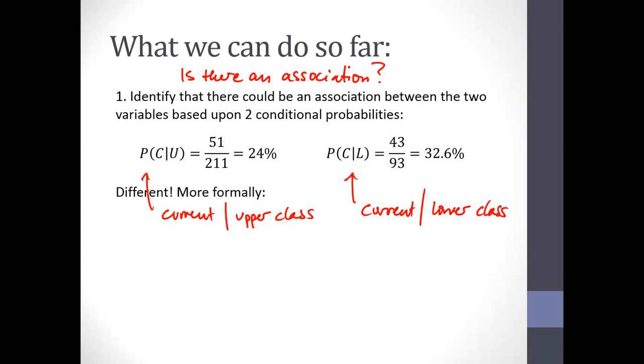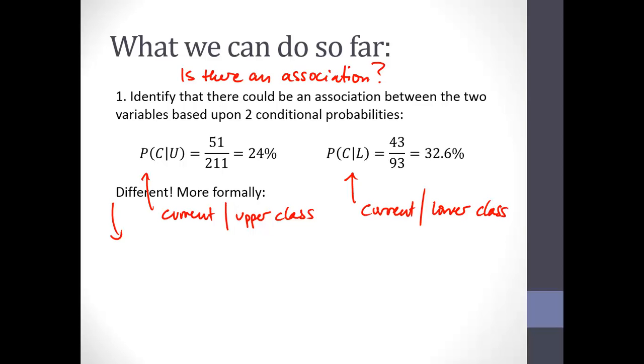So if something about my socioeconomic status influences my smoking behavior, that would be some sort of an association. There maybe is a relationship here. That's one way to do it. We could also use an independence argument, another way we talked about this.